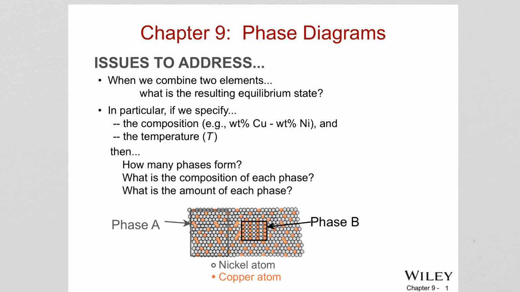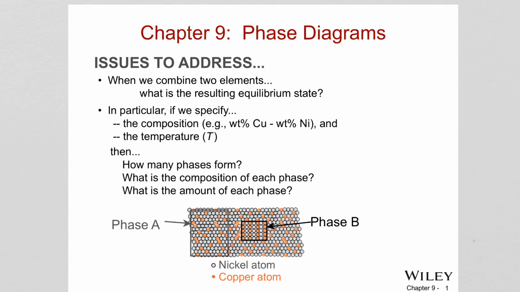So today we're gonna learn about phase diagrams. And phase diagrams are very important because when we combine two elements, we need to look at phase diagrams to see what is the resulting phase or what is the equilibrium state.